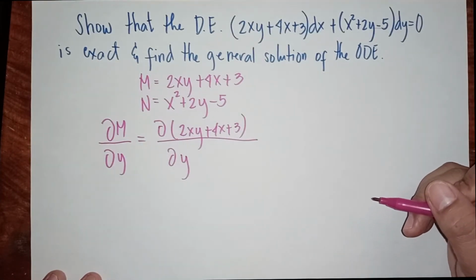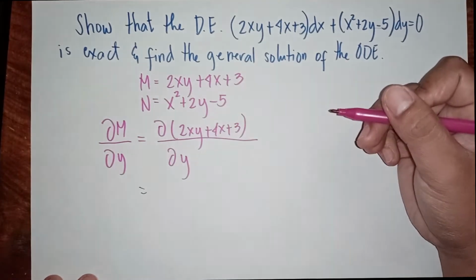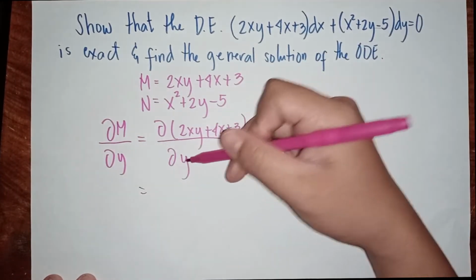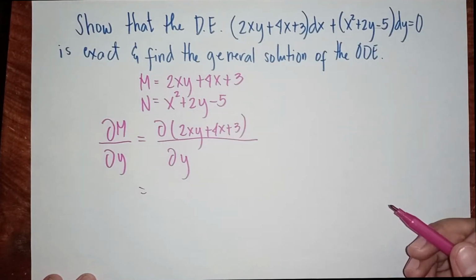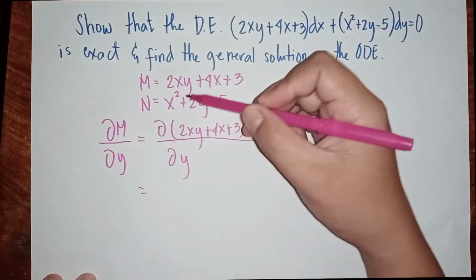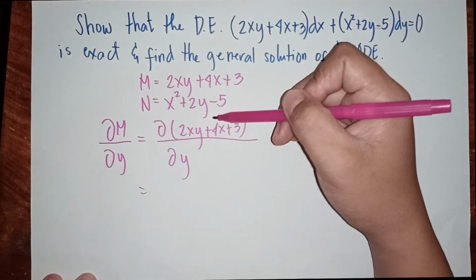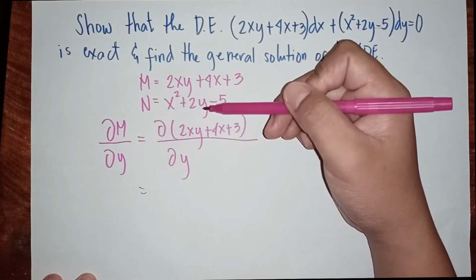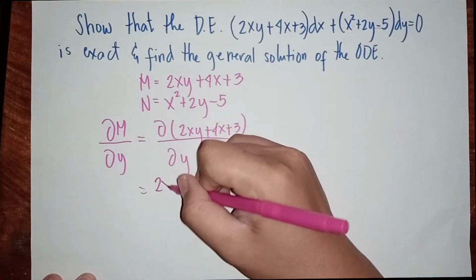Since this is a partial derivative of a function with respect to y, we are going to treat the variable x as a constant.